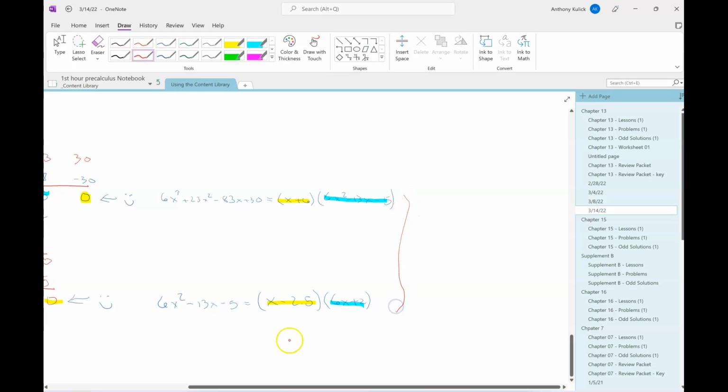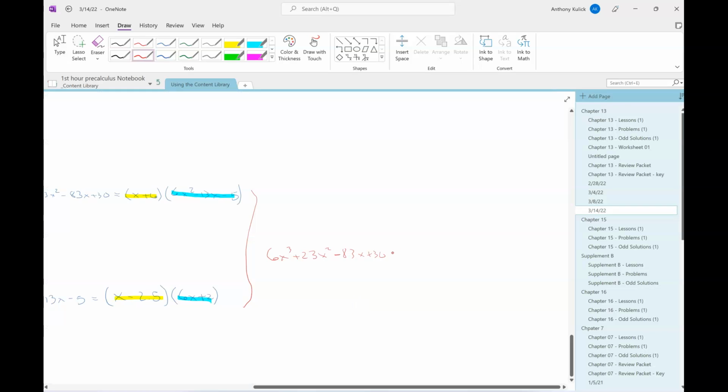And then if I take these together, we can say that this factors down to x plus 6, and then this piece factors to that, so times x minus 2.5 times 6x plus 2.